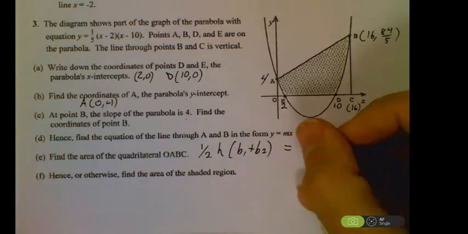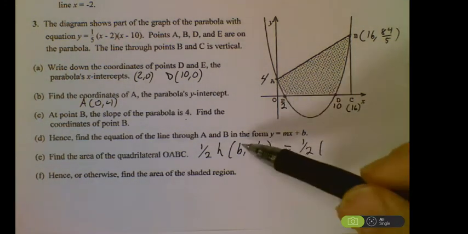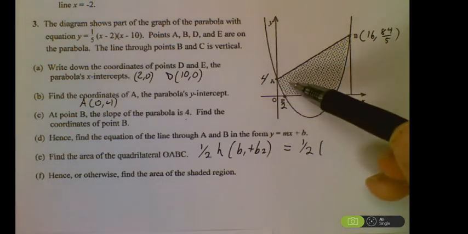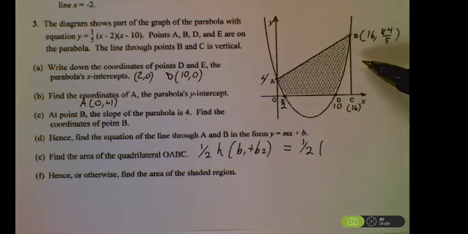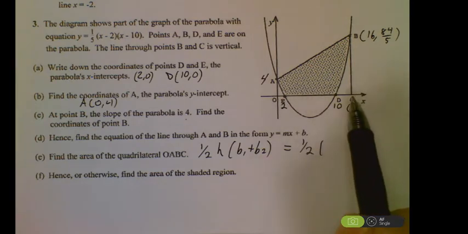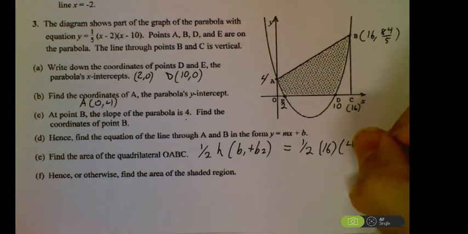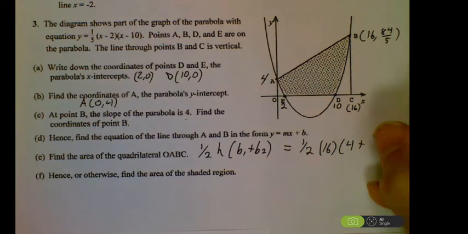The two bases have to be the two lines that are parallel to each other. So this is base 1 and this is base 2, which means my height is right here, 16.